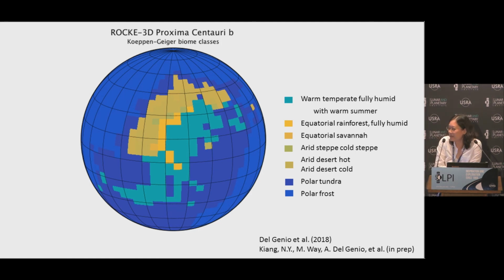But I classified the climate with this geographer biome class system, and we get the substellar point: warm, temperate, fully humid with warm summer, and then it quickly moves over to arid desert and then polar frost. So if you want to see this signal, you'd probably have to look when the planet is not facing the star but passing on the side at a crescent phase, and maybe you could see things at the substellar point, but you're not going to see any life elsewhere because it'll be frost.